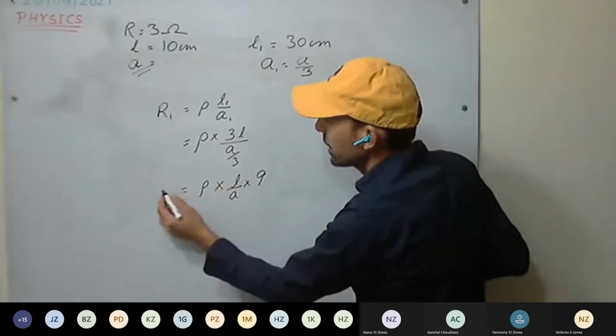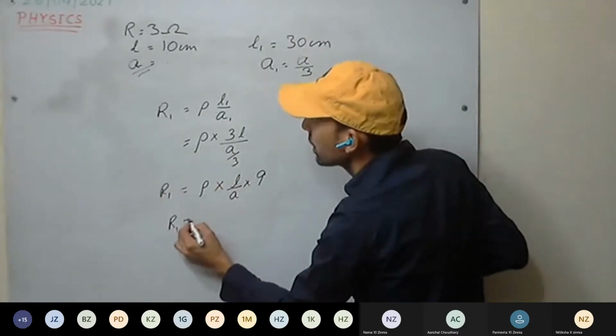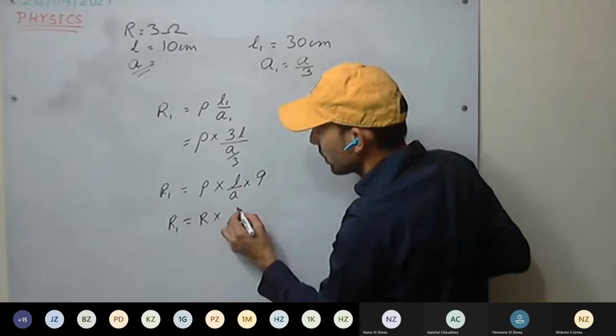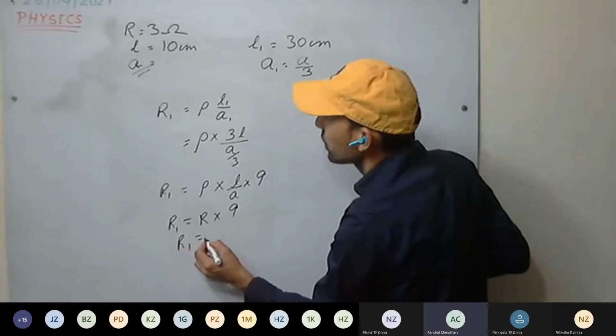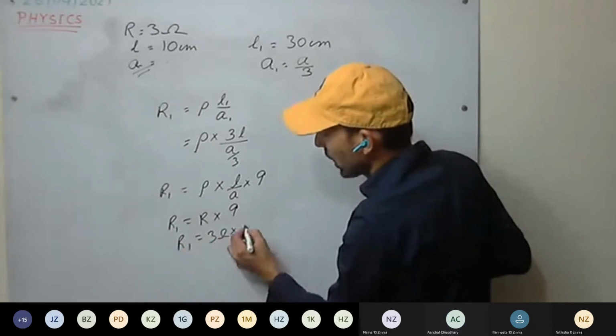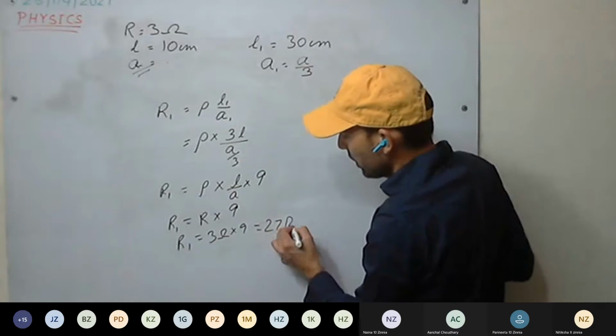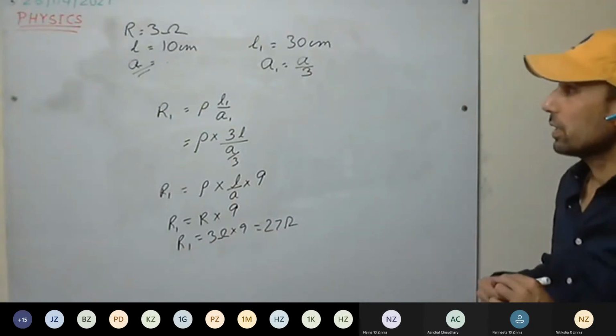This is the resistance R. So R1 equals R into 9, that is 3 ohm into 9, which is 27 ohm. Understood this one?